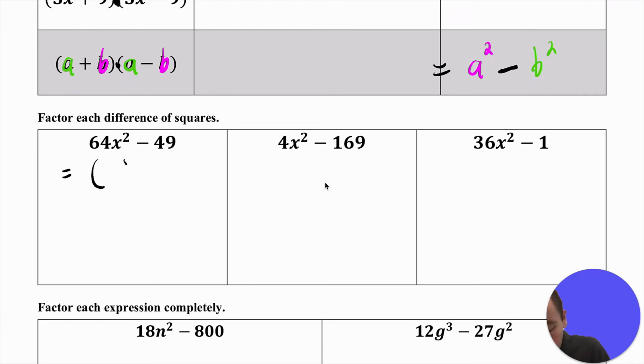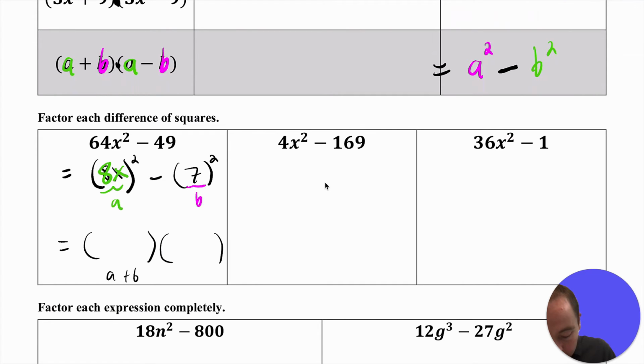If you think about the first term as 8x times 8x, and the other as 7 times 7, then the A is the 8x and the B is the 7, so you have the form A squared minus B squared, which tells you that you can factor this as A plus B times A minus B.